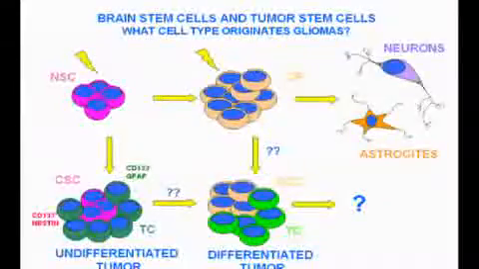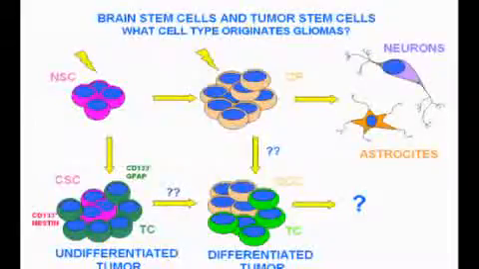So I wanted to introduce a concept here that is not new, because if you review the literature, this concept was already proposed more than 100 years ago. It is: what is the cell that generates most of the tumors?